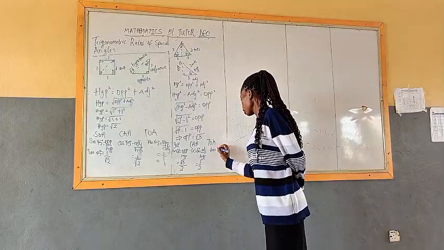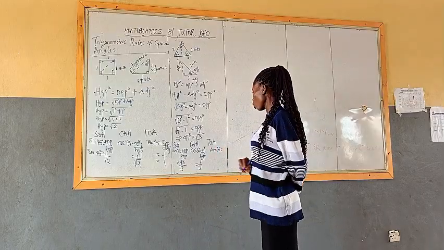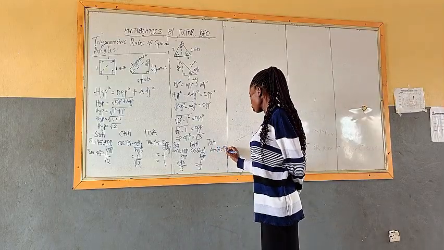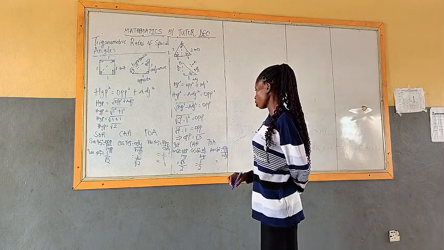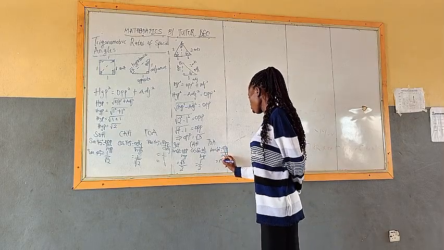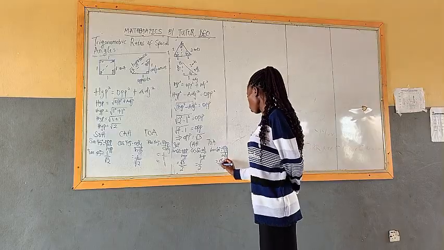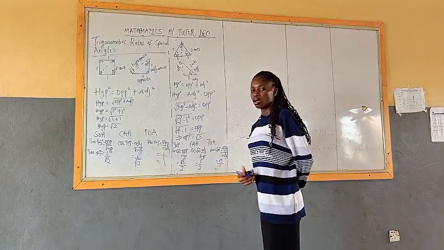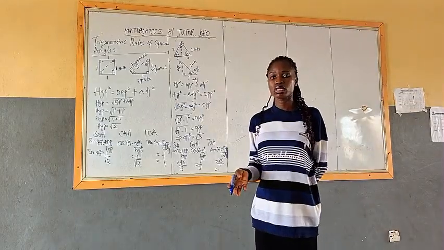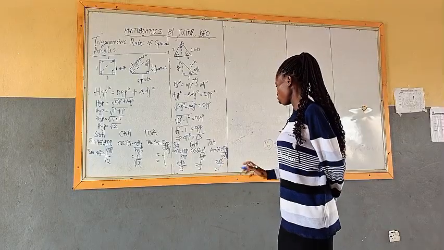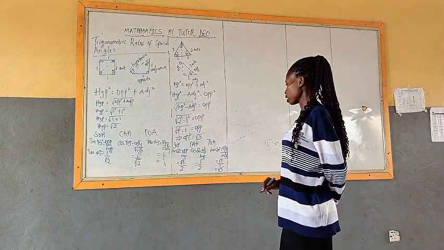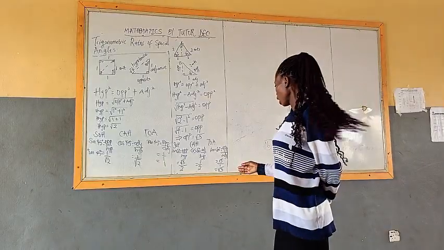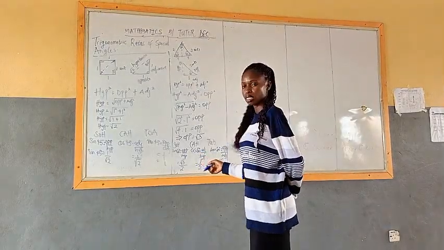Our tan 60 is equal to opposite over adjacent, which becomes root 3 all over 1. However, root 3 divided by 1 still remains root 3. So we will write that there. And that is that for our angle of 60.